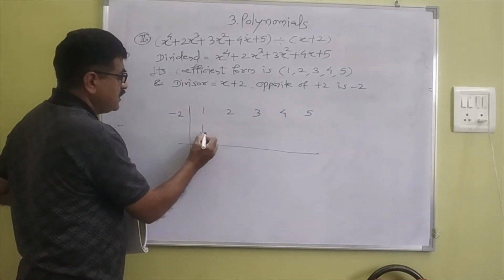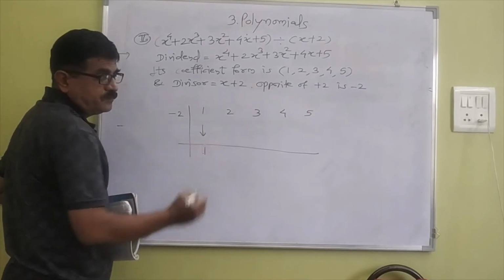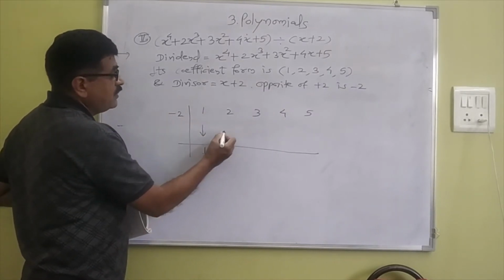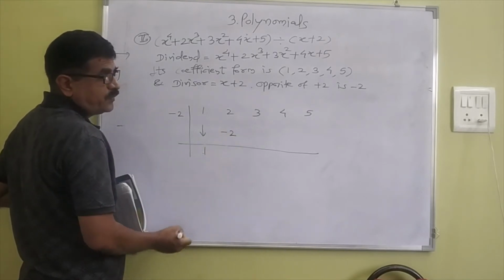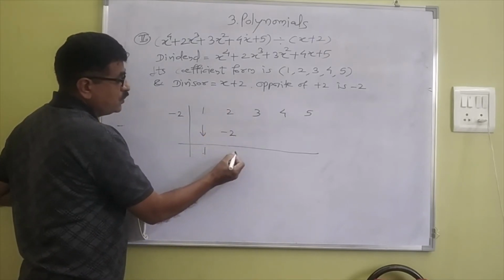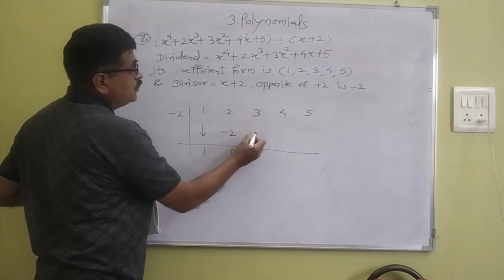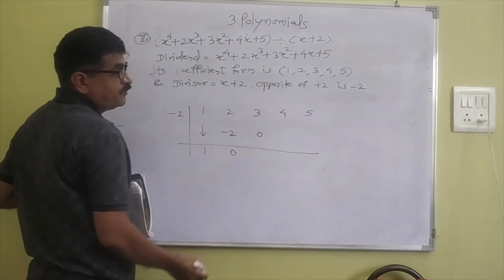Write down the first as it is, that is 1. Minus 2 into 1, minus 2. Minus 2 plus 2, 0. Minus 2 into 0, 0.